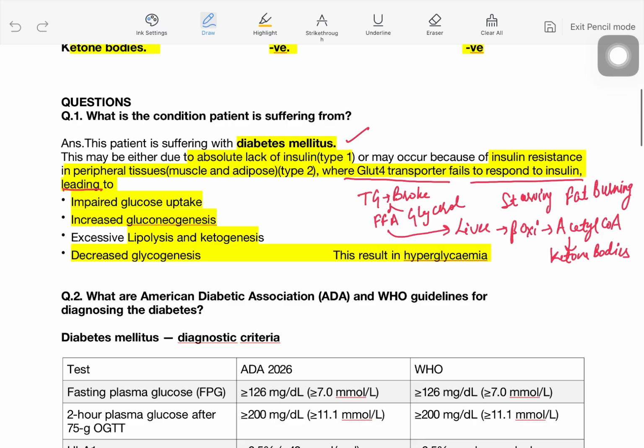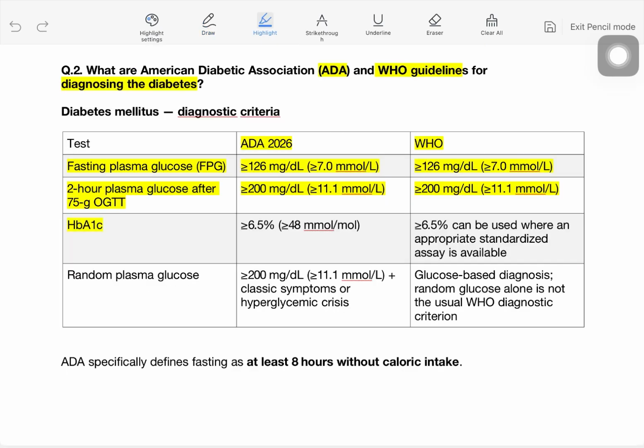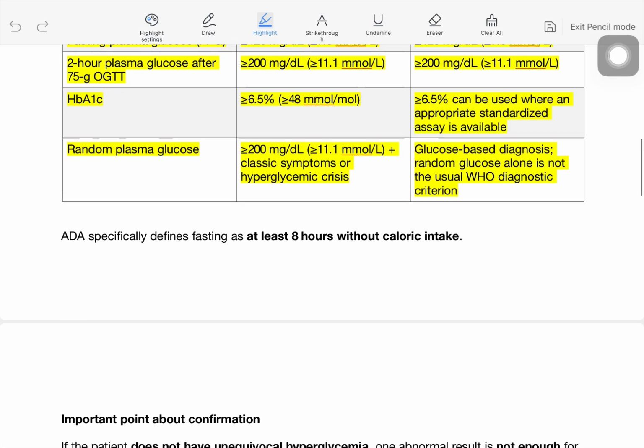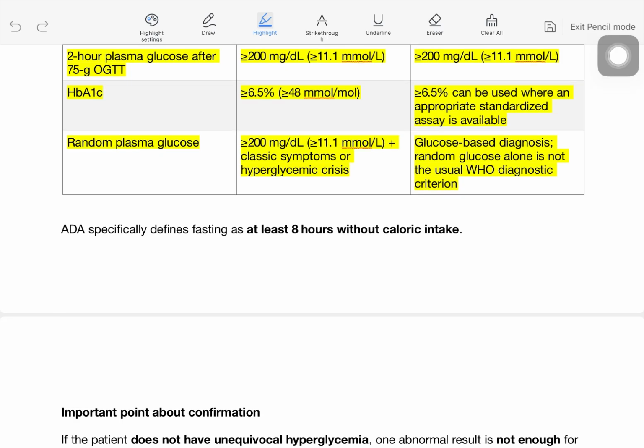Fasting plasma glucose for both is more than 126 milligram per deciliter. 2 hours plasma glucose after a 75 gram oral glucose tolerance test is more than 200 milligram per deciliter. HbA1c should be more than 6.5%, and random plasma glucose should be more than 200 milligram per deciliter plus classical symptoms or hyperglycemic crisis. We follow only the ADA criteria according to Harrison also.